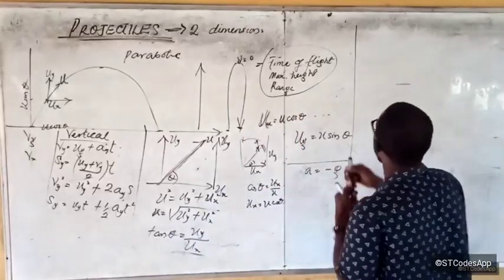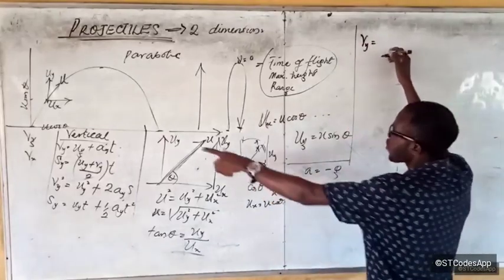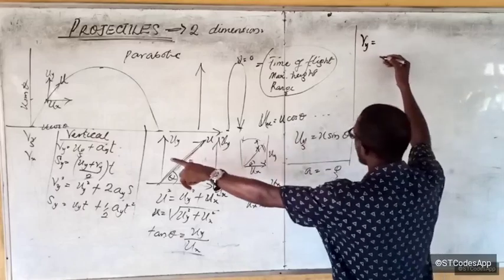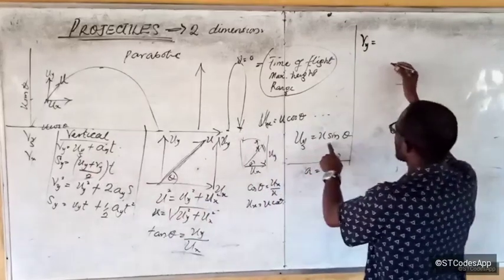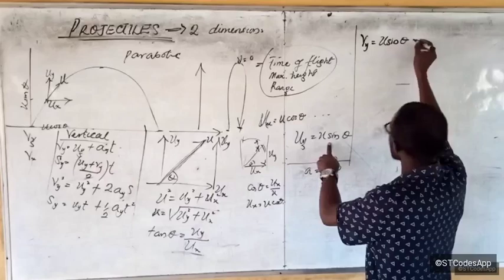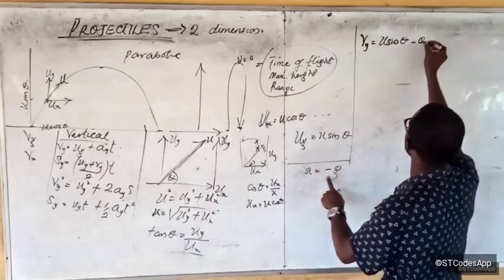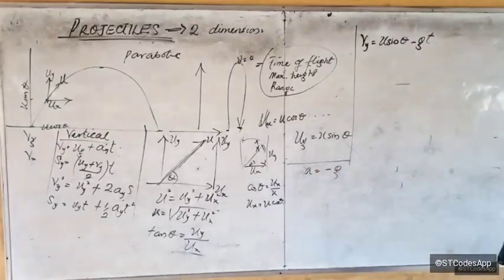It means that on the y component, v_y is going to be what? u_y, and u_y is now u sine theta. So we have u sine theta, and on the y component, a will be negative g, so that will be minus gt.